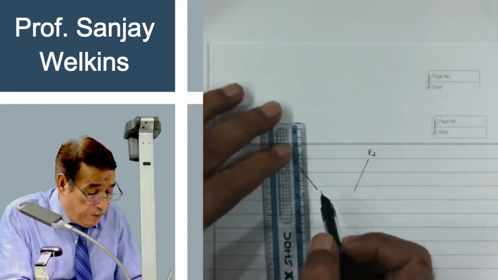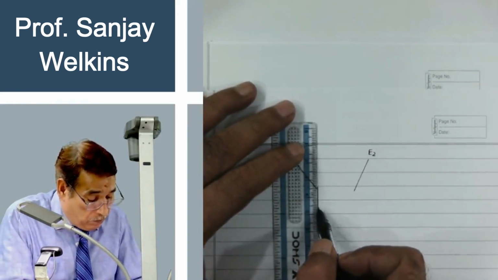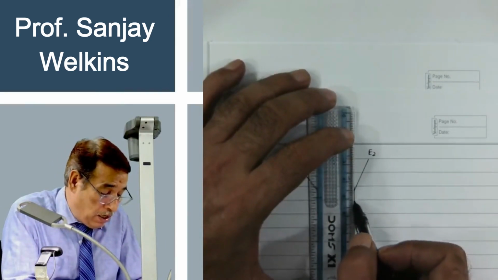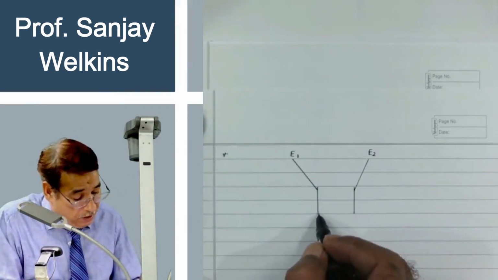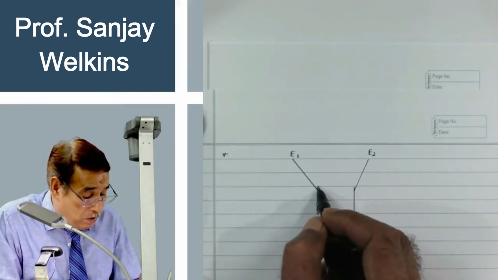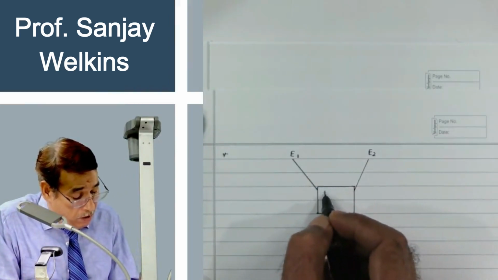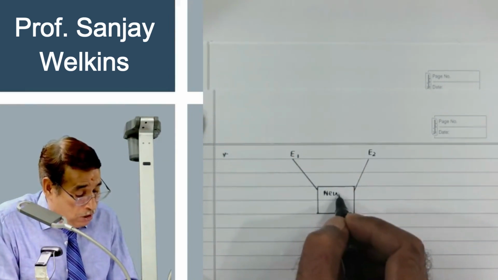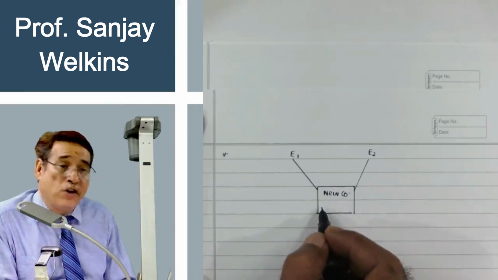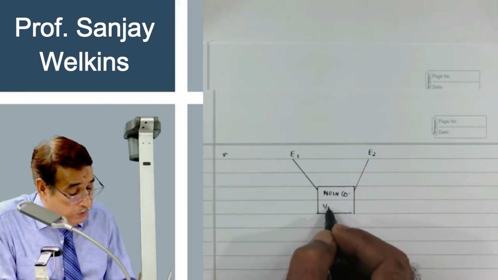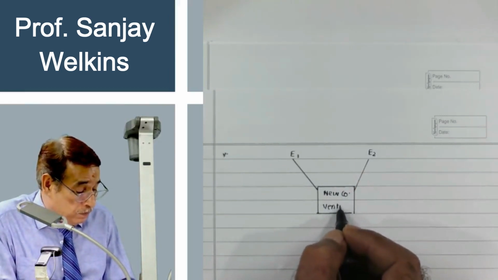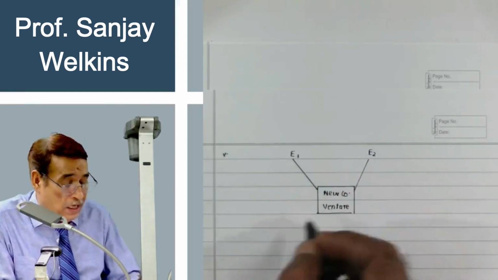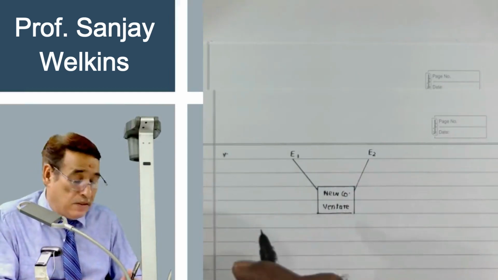That means, let us say, they have decided to open a new company. This new company will be known as the venture. This new company is nothing but a joint venture, because they have jointly started this particular venture or business.